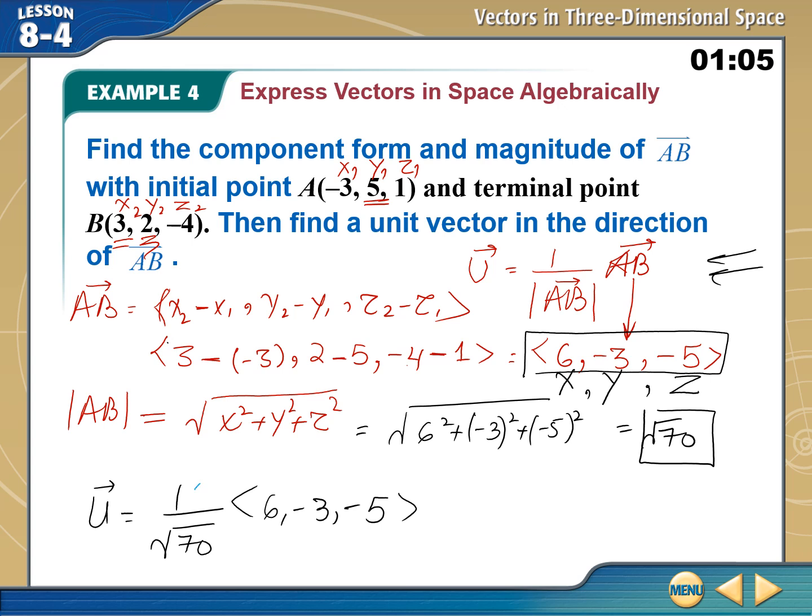So 1 over square root 70 times 6 gives us 6 over square root 70, or you can use the calculator to get the accurate answer in decimal form. Similarly, 1 divided by square root 70 times negative 3 gives us negative 3 over square root 70. And negative 5 times 1 over square root 70 gives us negative 5 over square root 70. So these are the components of the unit vector.